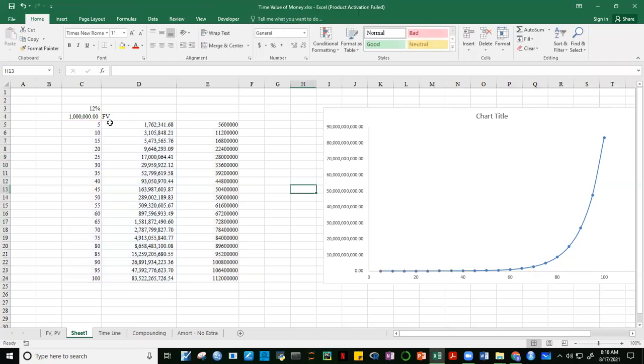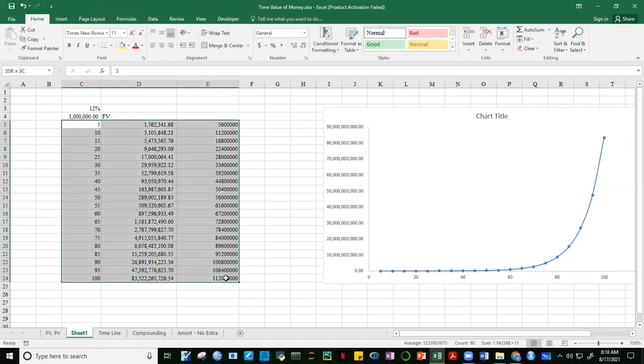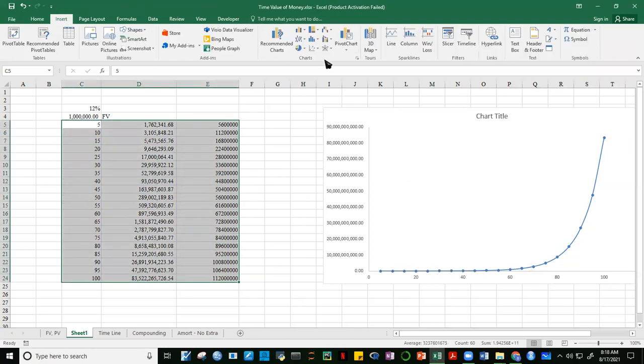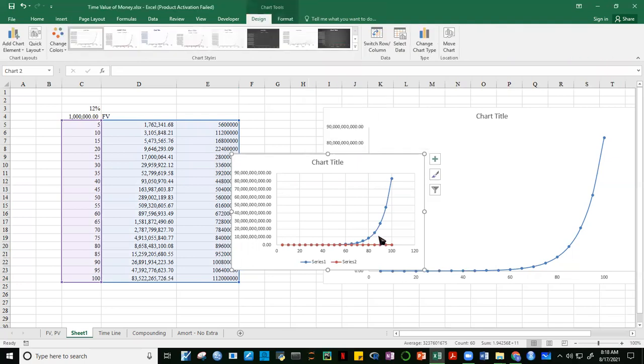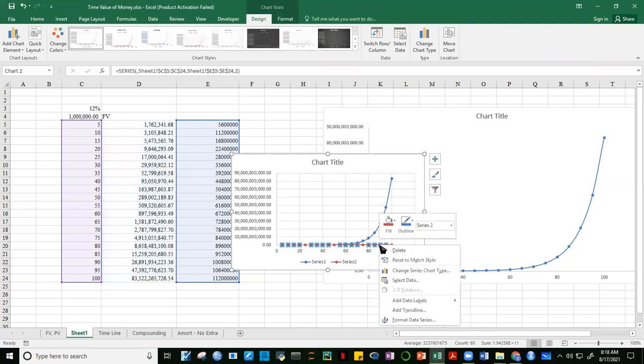Okay, ulitin ko na lang. Sorry about that. Insert. Okay, bakit siya nag-straight line lang? Kasi, okay. So, kailangan i-modify ko to.